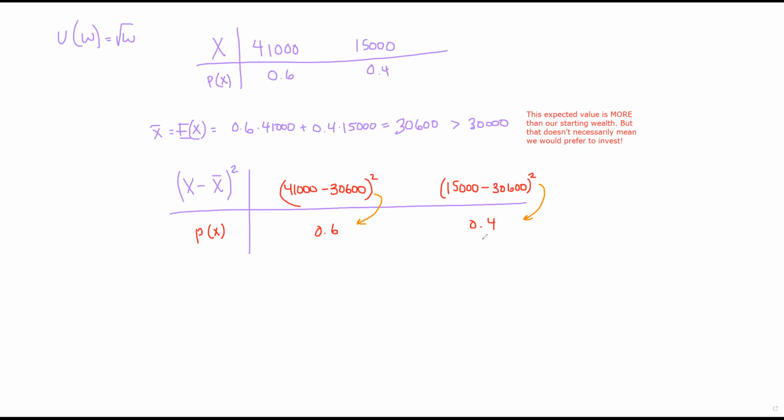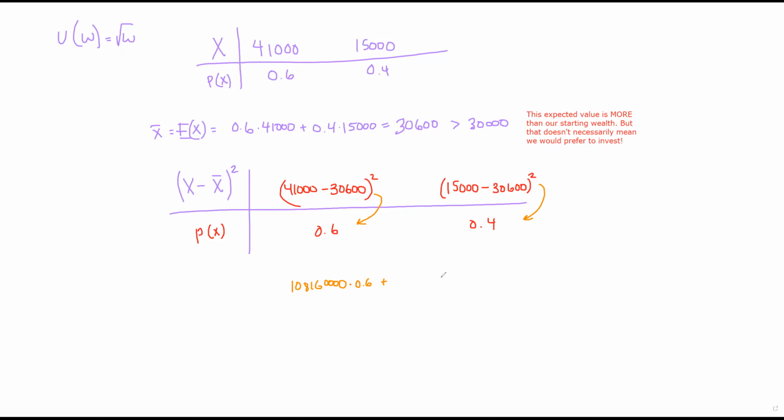So let me go ahead and calculate this. 41,000 minus 30,600 gives me 10,400. Sorry, square this. I get 108,160,000 times 0.6 plus 15,000 minus 30,600.